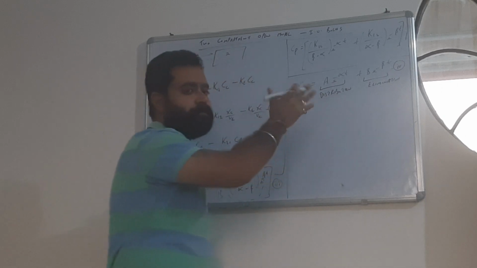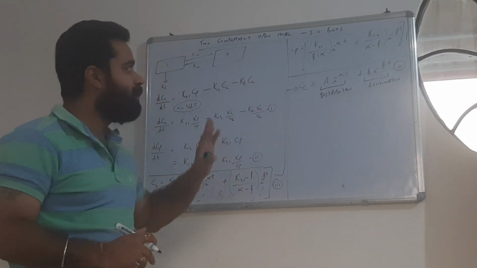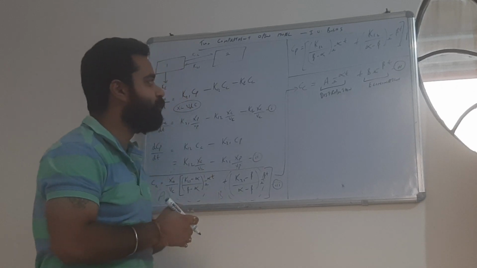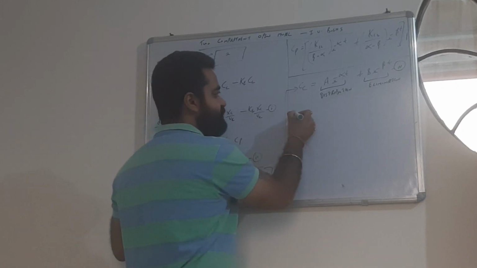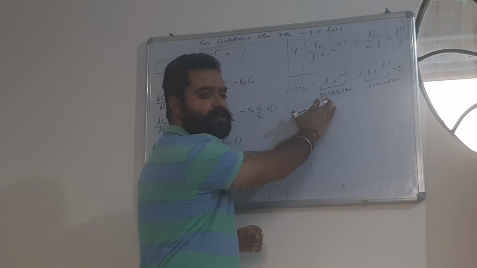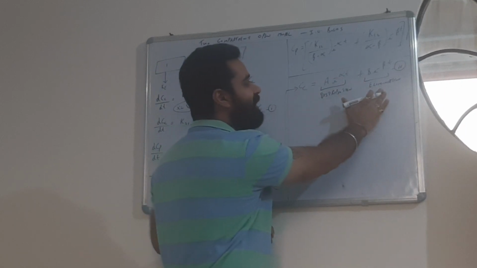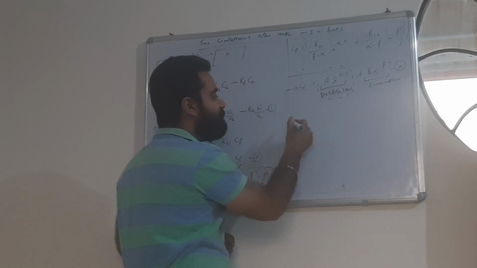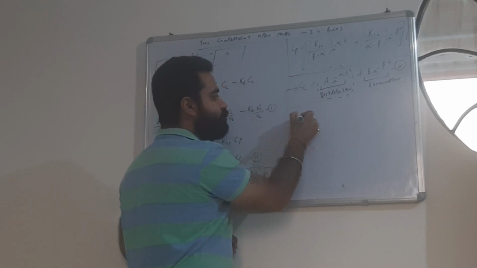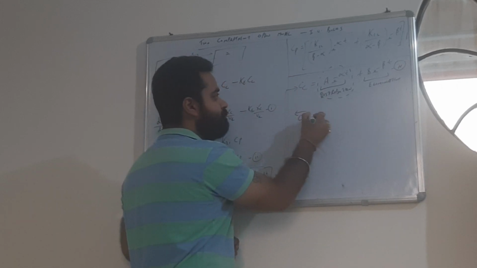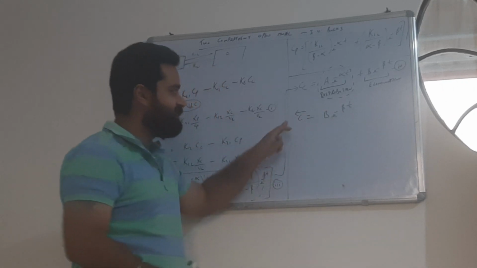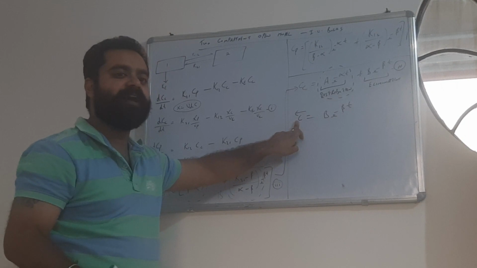On resolving this equation, like we did in the method of residuals, we will get two parts. When distribution is over and only elimination occurs, this term is going to be equal to 0. That means this equation can be reduced to B e^(-beta t). This is the back extrapolated value.